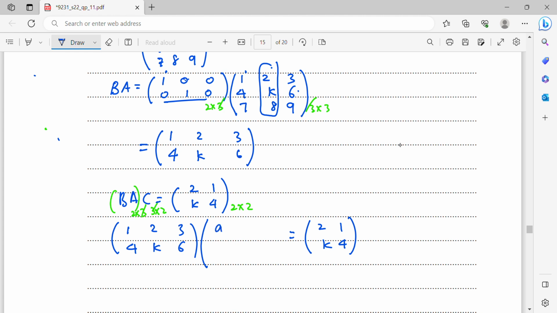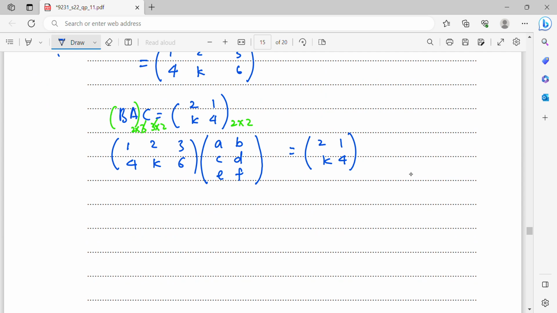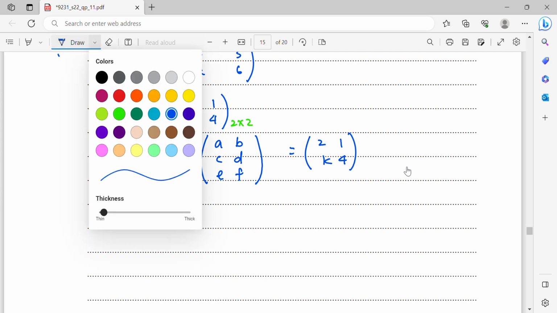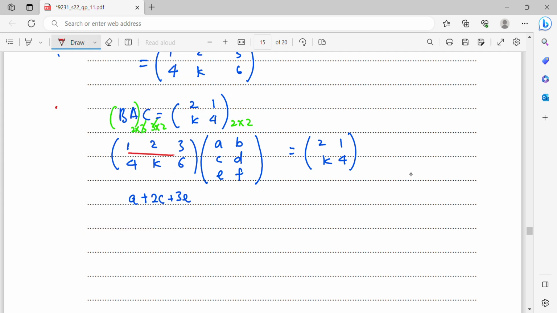I let it be a, b, first row, c, d, second row, e, f, third row. This is my matrix C. Now when I do expansion, 1 times a will be a, plus 2 times c, 2c for the first entry, plus 3e. When you do expansion for this, it is row times column.